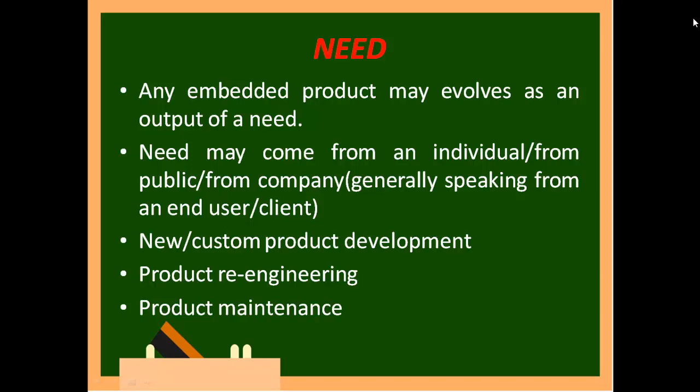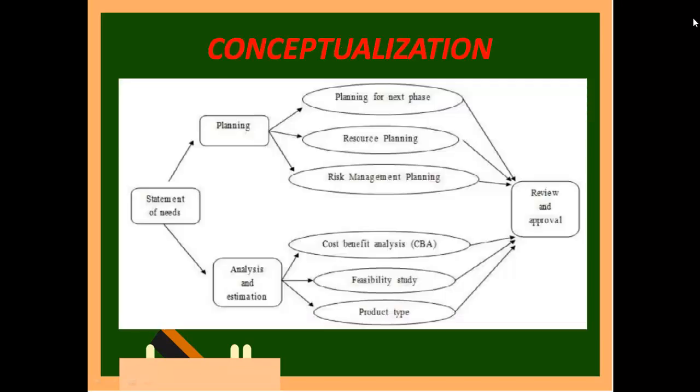So for example, when you go for a fire engine, humans are sent inside the fire to put it out. Rather, you can do it by using a robot. So that comes from a company. A new or custom product developed, product re-engineering, product maintenance. So based upon all this you get an idea, you get a need.